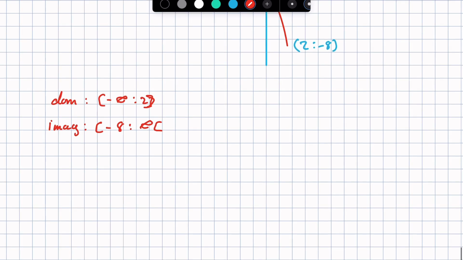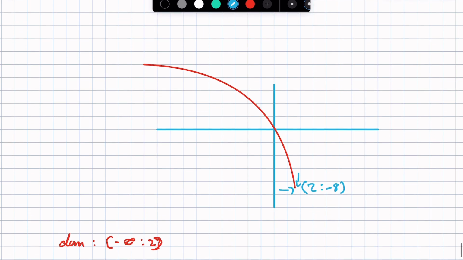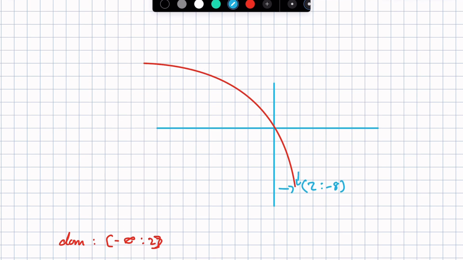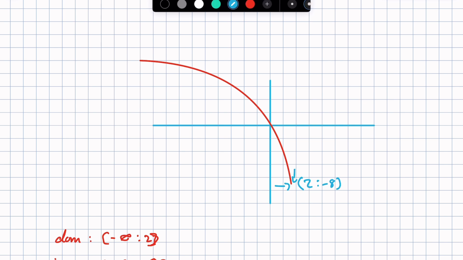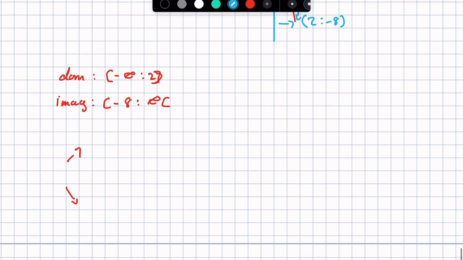Okay, so the variation, okay? So there's croissant and décroissant, okay? You always got to look at it like this. It goes down. It doesn't go up, okay? It always goes all the way down to here. It always goes towards the H and the K, okay? So it's décroissant.